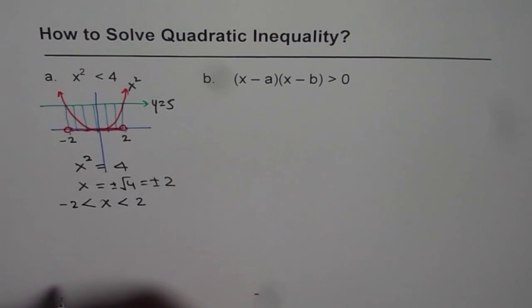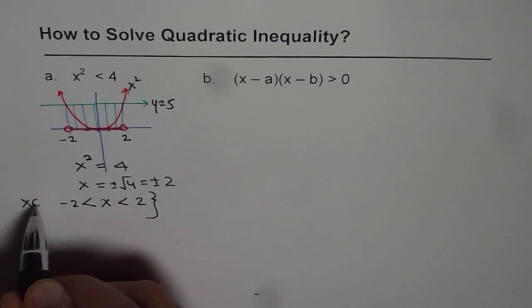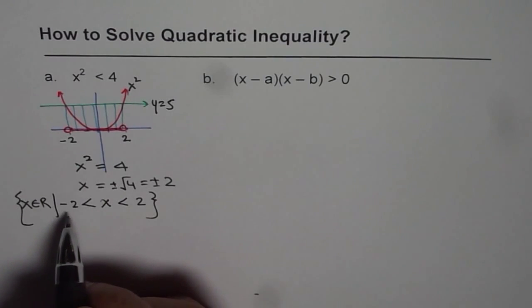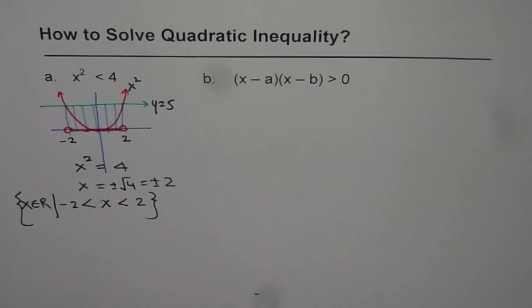So that becomes the solution set. In set form, we can write this as x belongs to real numbers, where x is greater than minus 2 and less than 2. And that's how we get our solution.